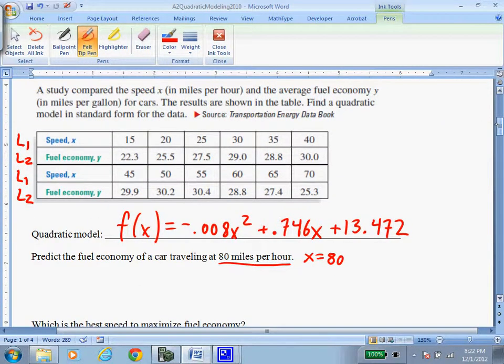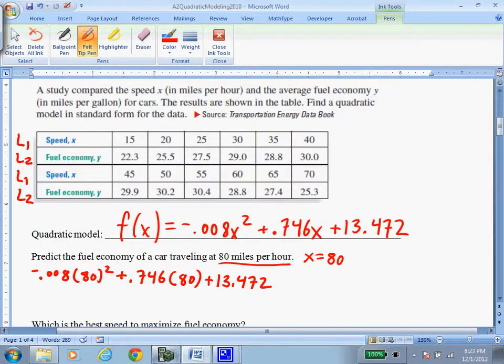So in order to do that, I could simply take the 80 and input it into my function. So I'll have negative 0.008 times 80 squared plus 0.746 times 80 plus 13.472.